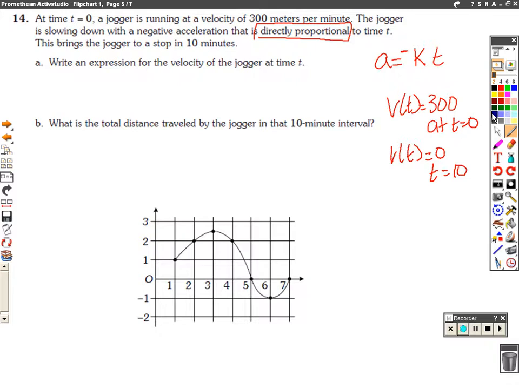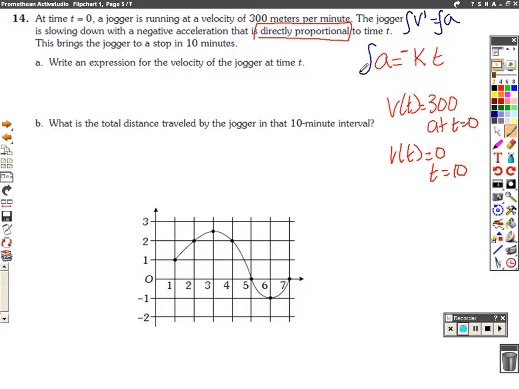But we should remember that when we took the derivative of velocity, we got acceleration. So if we want to get velocity from acceleration, we have to integrate it. So if we integrate acceleration, we're going to get back velocity.